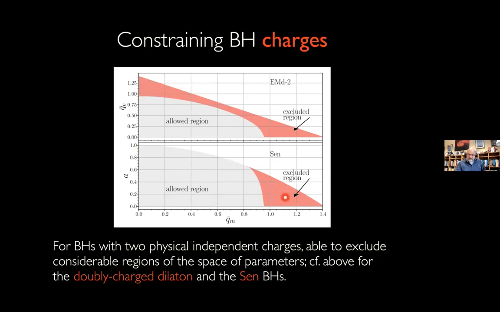So very high charges, or a combination of very large charges, are excluded. And so you're left with an allowed region, which is still very large, but it's becoming smaller. And the logic is that as the observations improve, the allowed region will shrink, hopefully going to zero when you have infinite resolution.